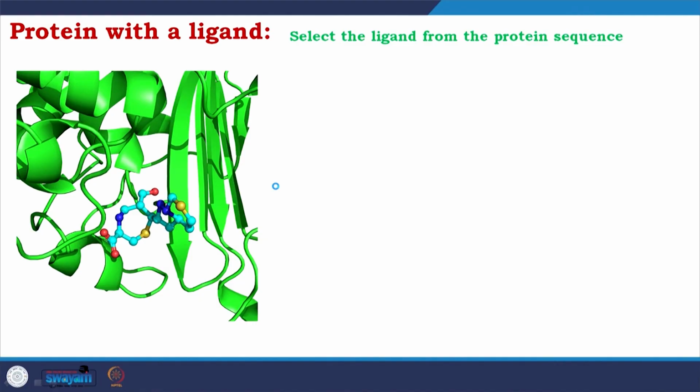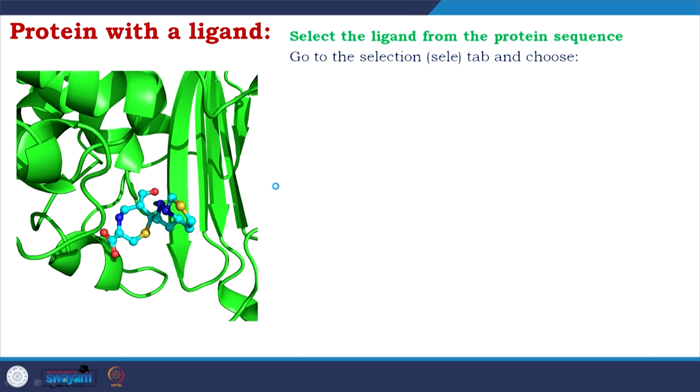Coming back again. We talk about protein, but a protein or enzyme, the enzyme beta lactamase which is there, we are talking about the interaction of protein or enzyme with its ligand, with its substrates, which are important to study. So, for doing the study you have to select the ligand from the protein sequence.